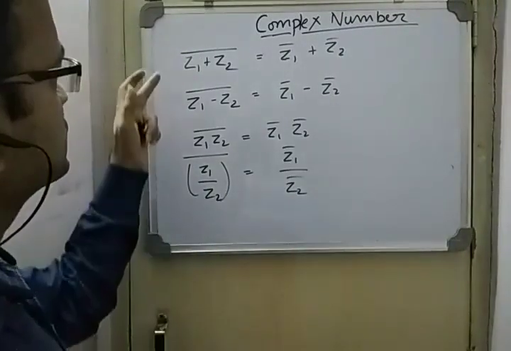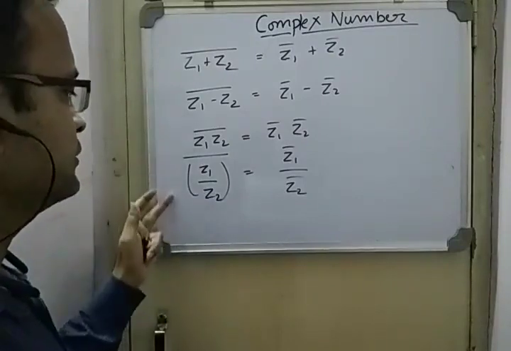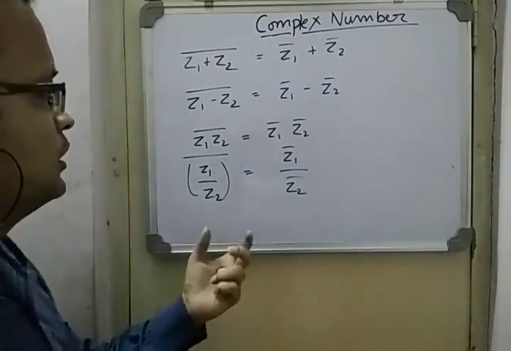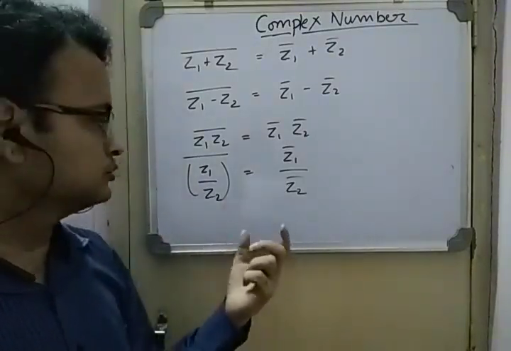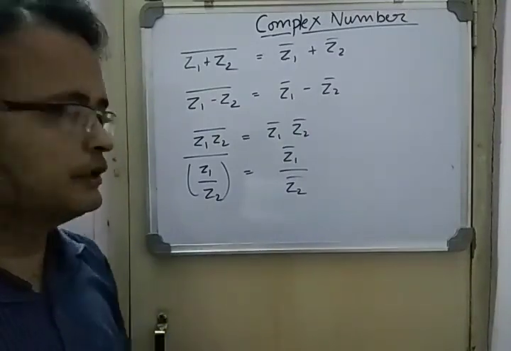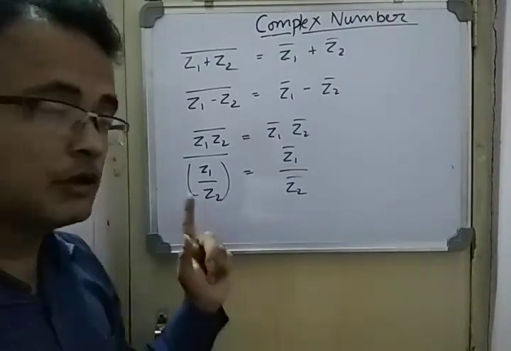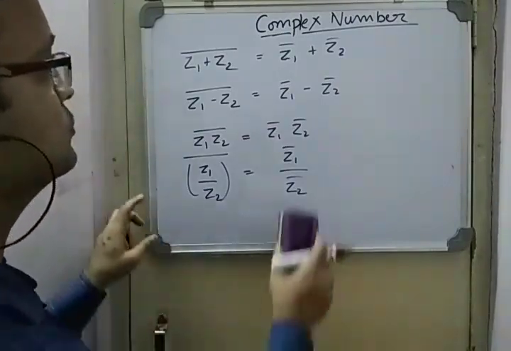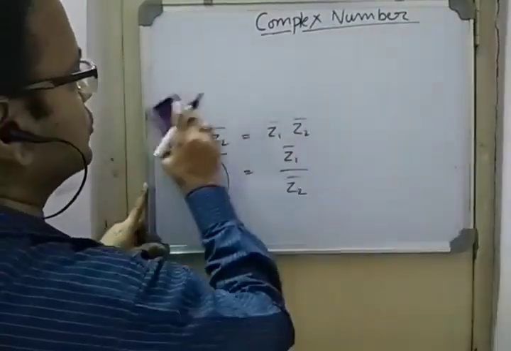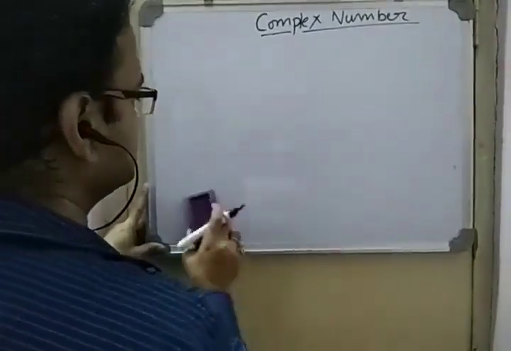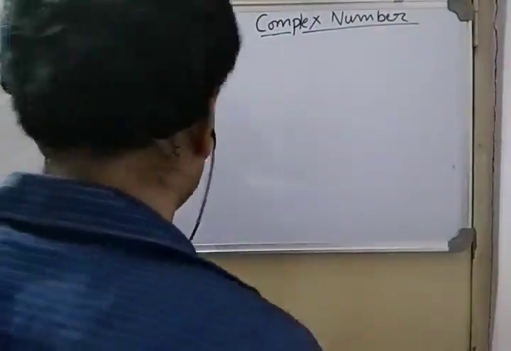These things are very simple, but while solving some MCQ or any other longer problems, these properties will prove to be very useful. We will have some examples to understand how these can be applied.